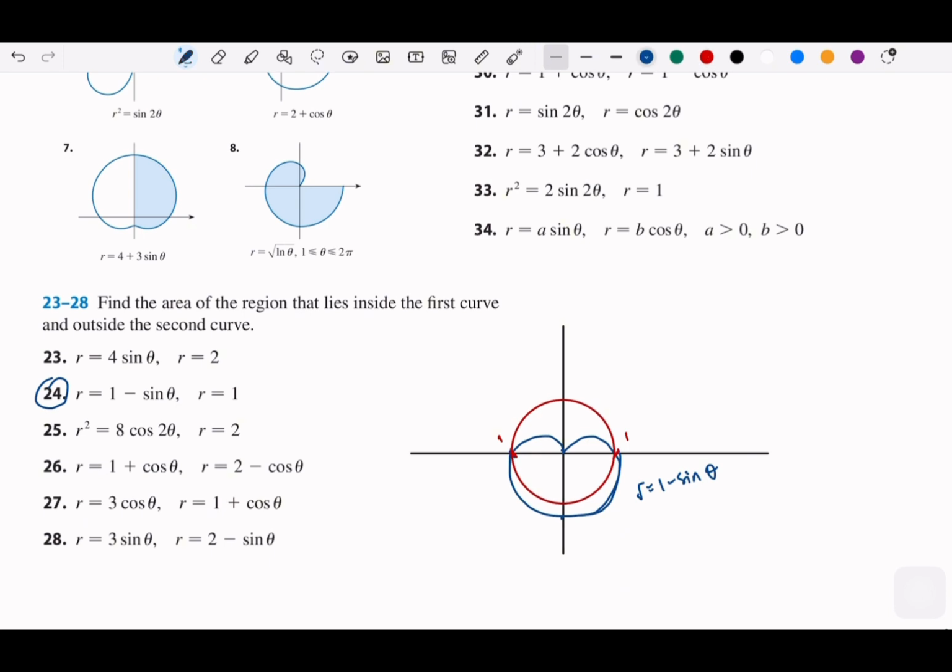Maybe my cardioid is not really good, maybe too small, so let me make it bigger. So inside the first curve, inside the cardioid, but outside the second, it should be going to be this one.